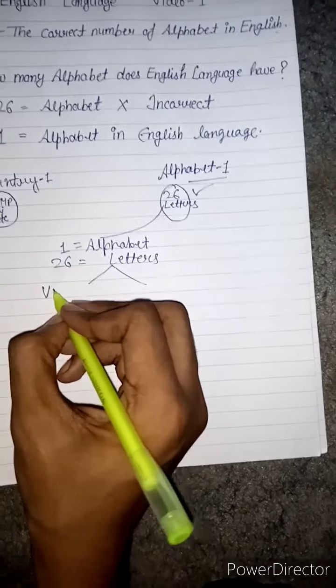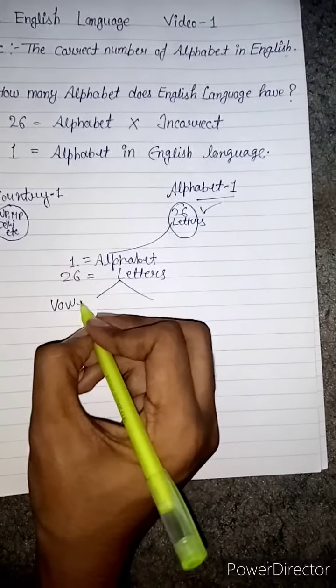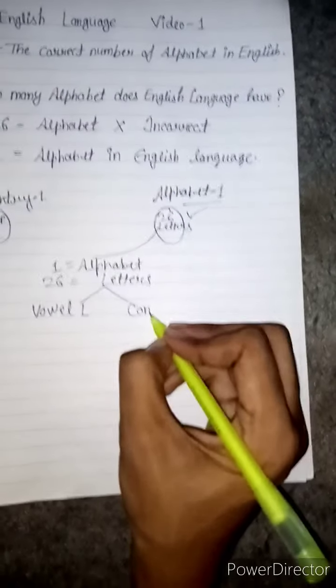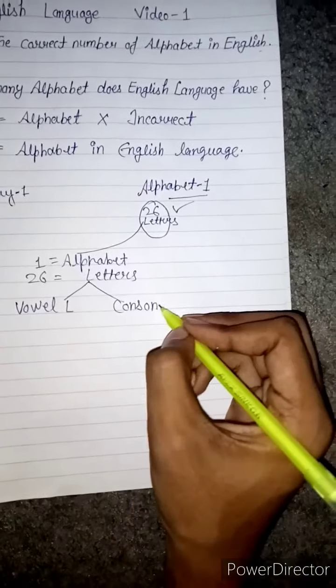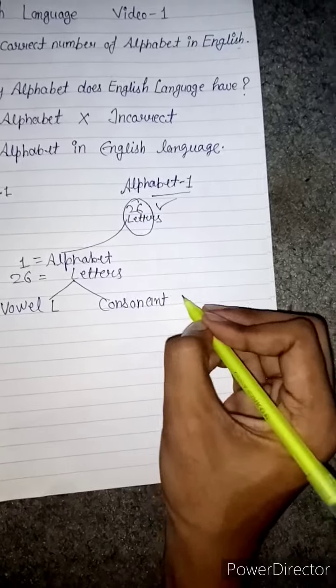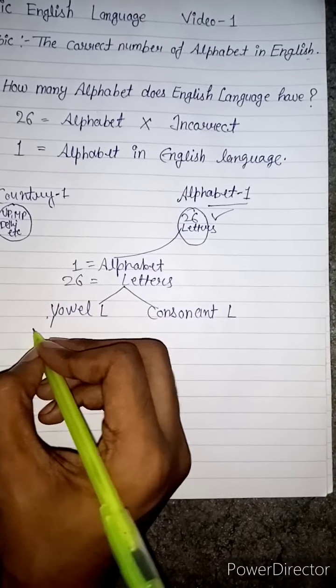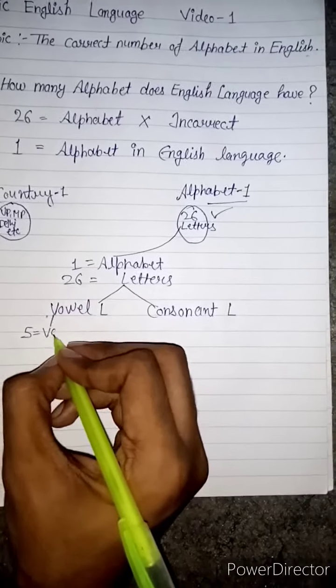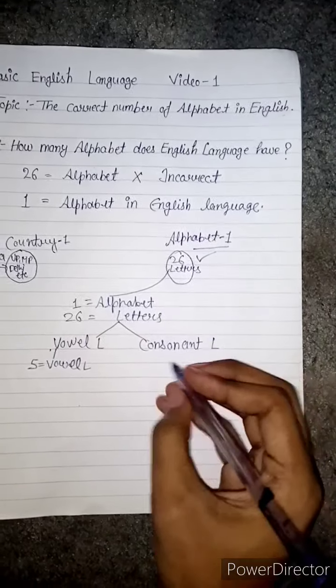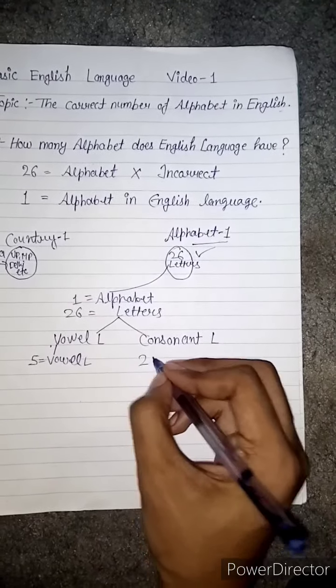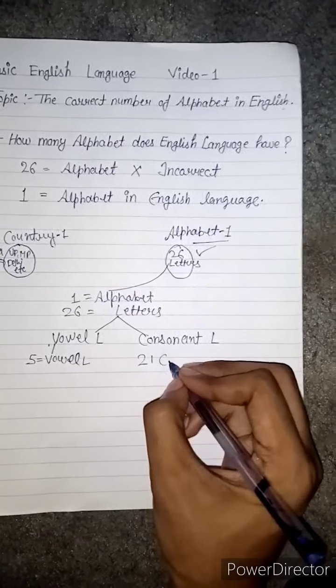Number one, vowel letters. Number two, consonant letters. We have 5 vowel letters and we have 21 consonant letters.